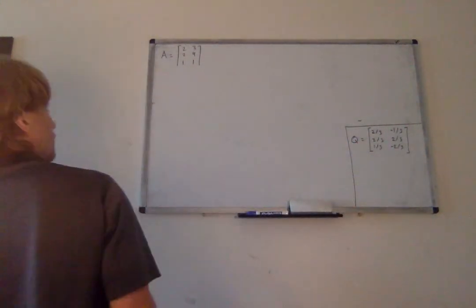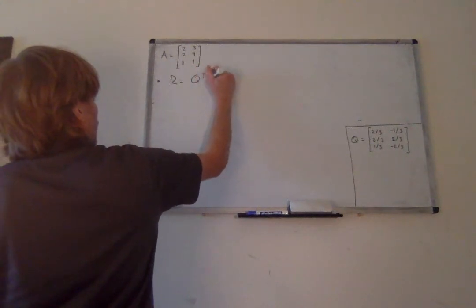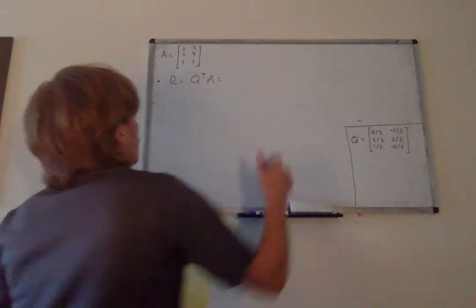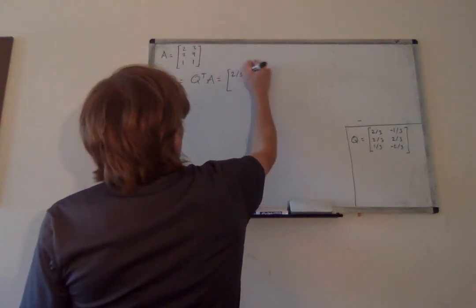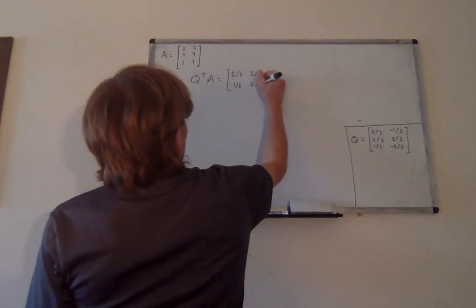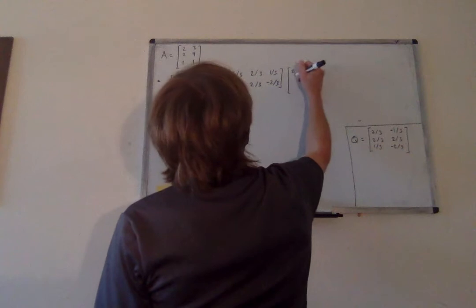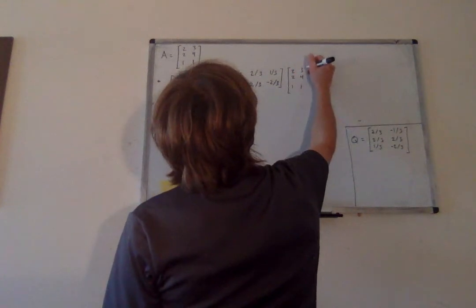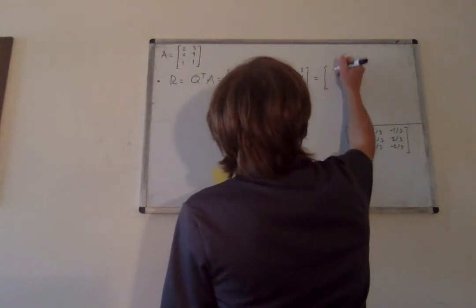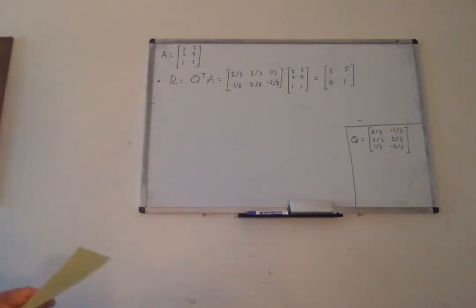So now remember, R in our QR factorization is a little easier to find than Q because R is just equal to Q transpose times A. So Q transpose is the matrix 2/3, 2/3, 1/3, negative 1/3, 2/3, negative 2/3, times A. And so doing the matrix multiplication dance a few times, I got that R wasn't quite as scary of a matrix as Q was.